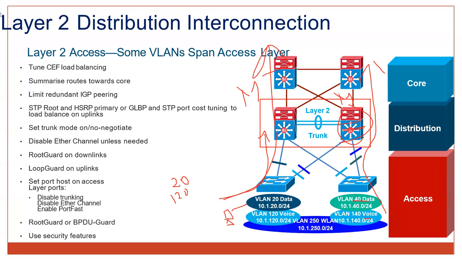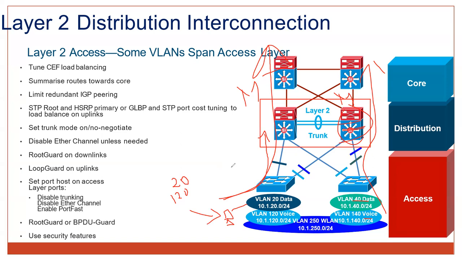So in essence, you are using STP priority to make the distributions prefer a particular VLAN. Yeah, STP decides which particular switch is the root. Okay, so that is a different thing. But suppose I have one laptop here, right? And this laptop is in VLAN 20.